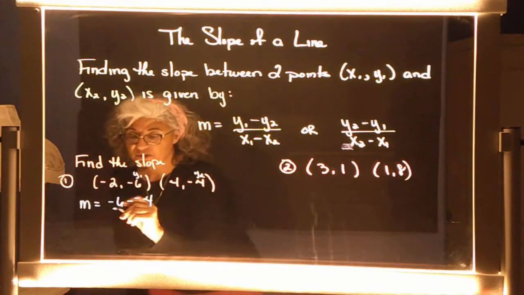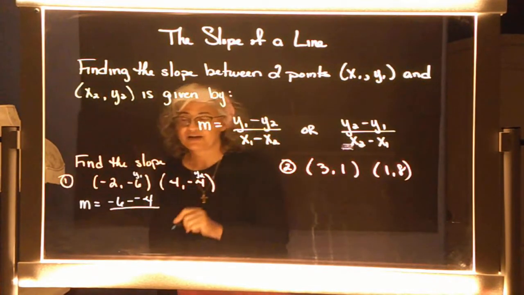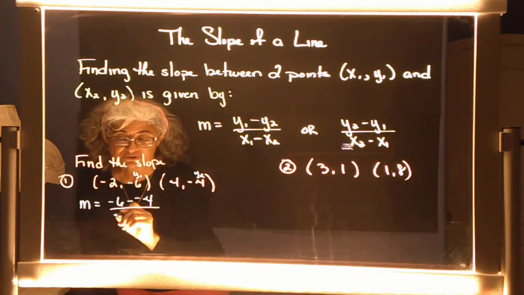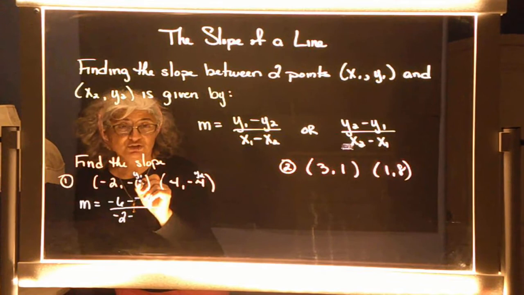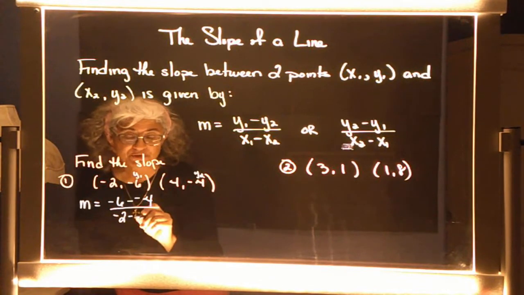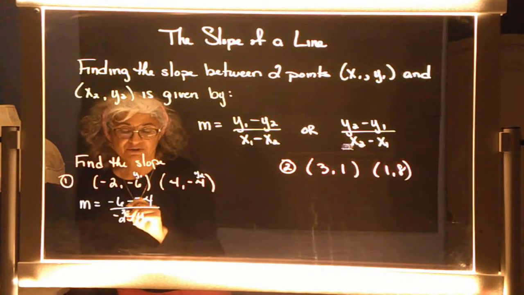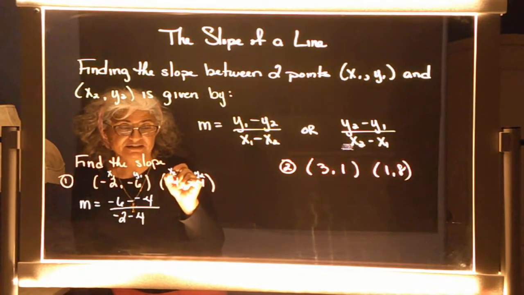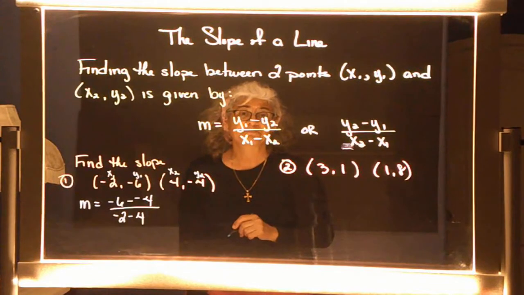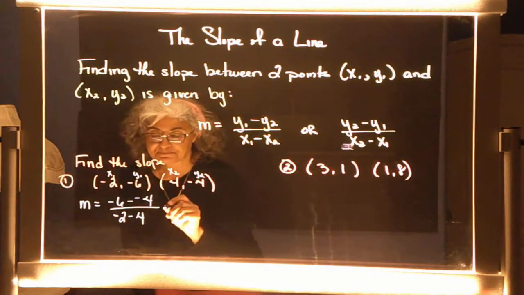Cool? Which means in the denominator, I better take the negative 2 first for the x's, because I took its y value first in the numerator. So the negative 2 minus 4, because this is x sub 1 and this is x sub 2. Are we good? Okay, so let's do our work.